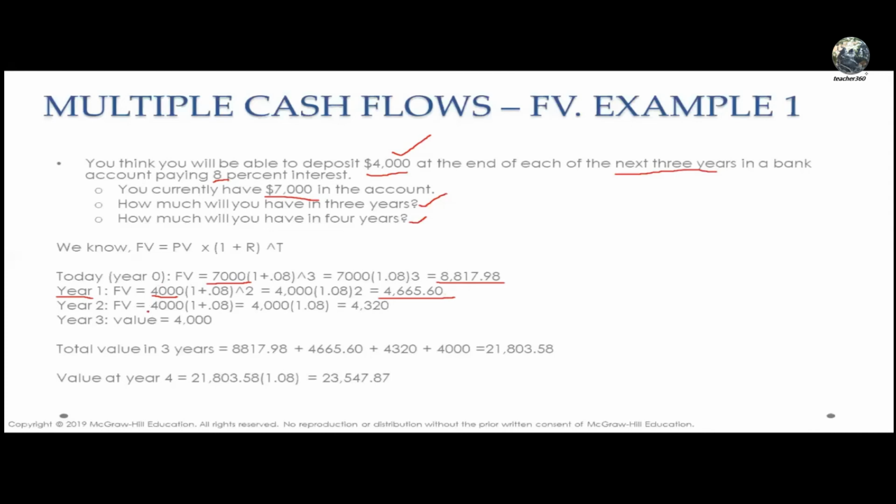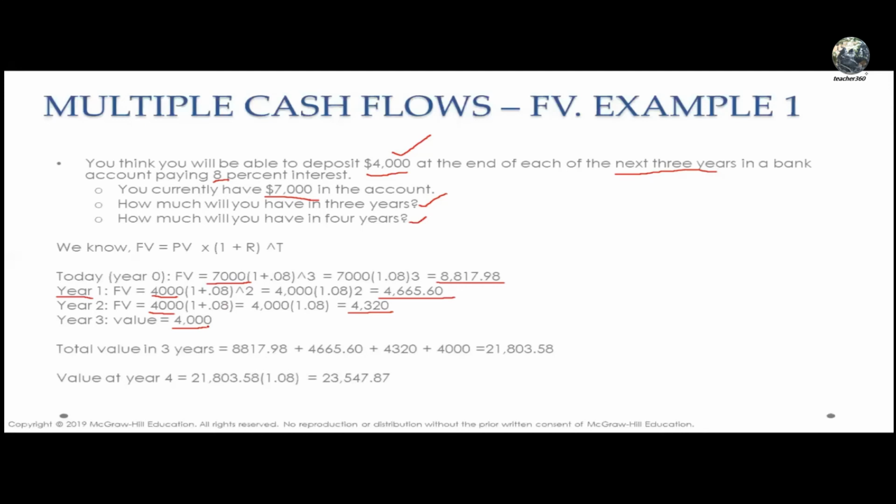In the second year, you will deposit another 4,000, whose future value will be $4,320. Here you have only 1 year remaining. In year 3, you will deposit another 4,000.